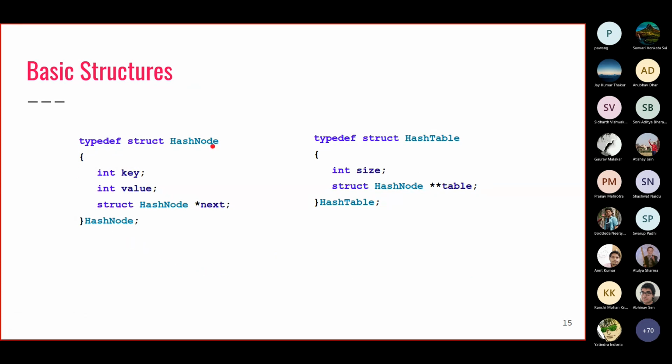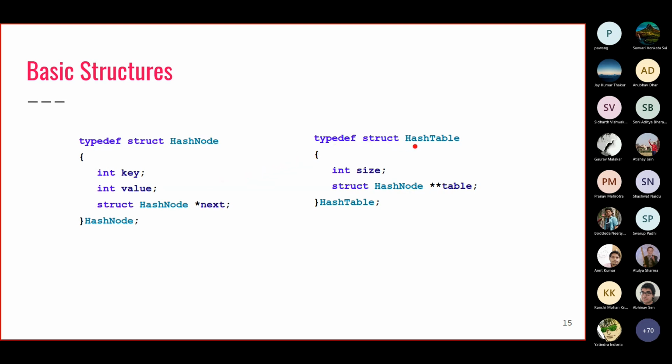One is the hash node, the node structure of each hash entry. It would contain key and value, and then a next pointer. You may keep only key and value, but I prefer to keep key and value separately because it is more generic for other kinds of implementation. If you don't need value, you can make key and value the same.